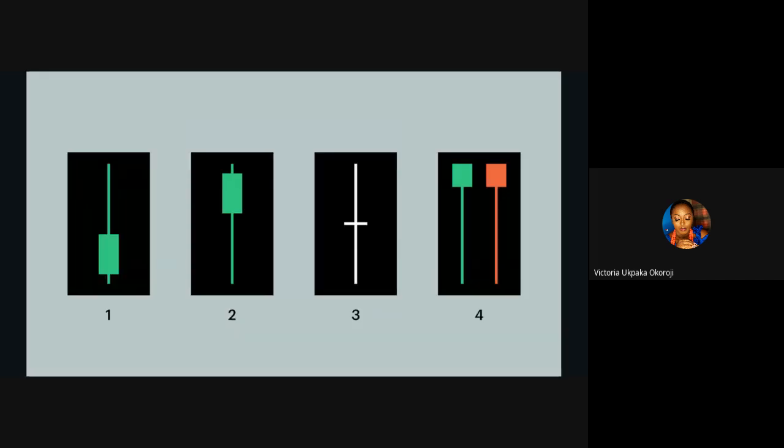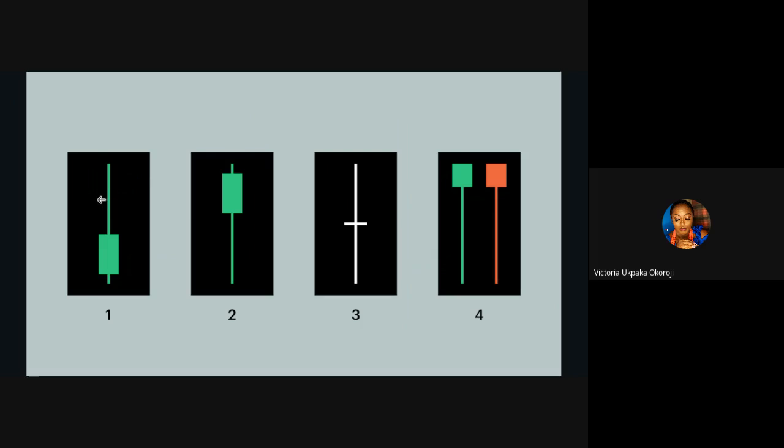So now there are different kinds of candles with interesting names.